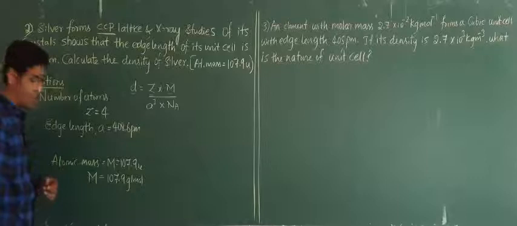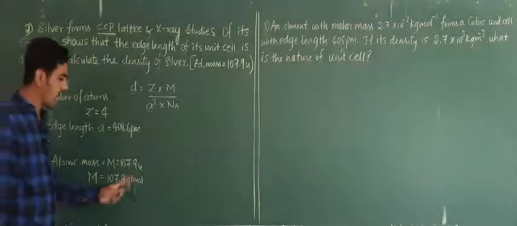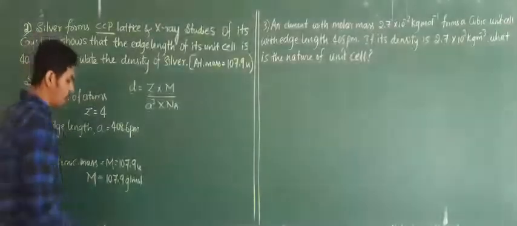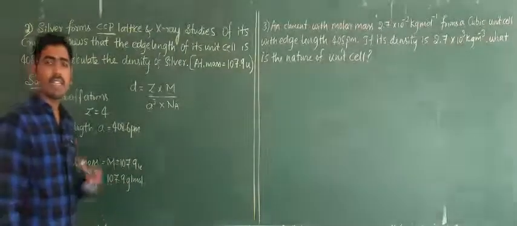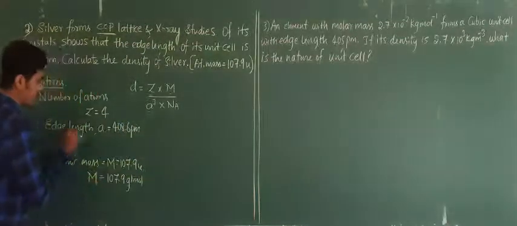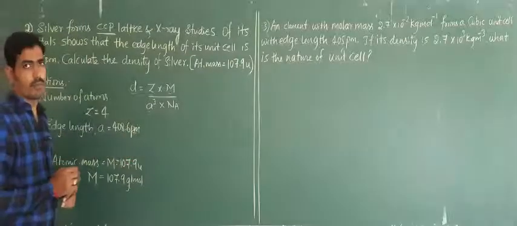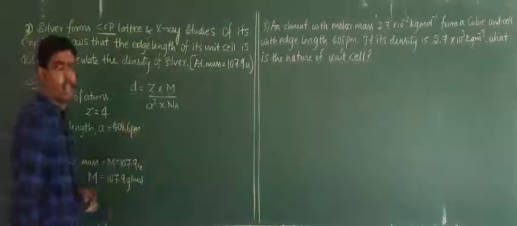Now see here, this M value is given in terms of gram per mole. So when the mass is given in gram, you have to convert the edge length into centimeter. Here they have given picometer.